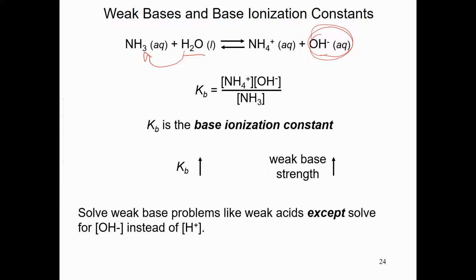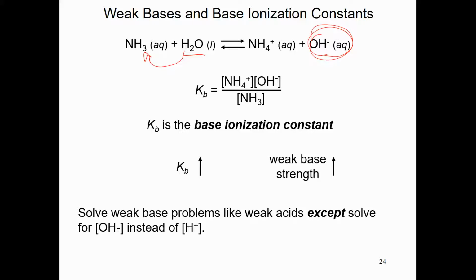We're going to solve these exactly the same as we would solve for H+. We're just going to solve for OH minus instead. So my X here would be for OH minus instead of for H+. Then I could find a pOH, and then I could find a pH, or I could find H+ directly from the OH minus.